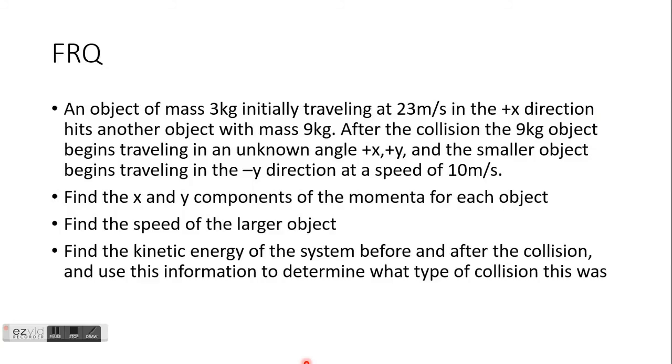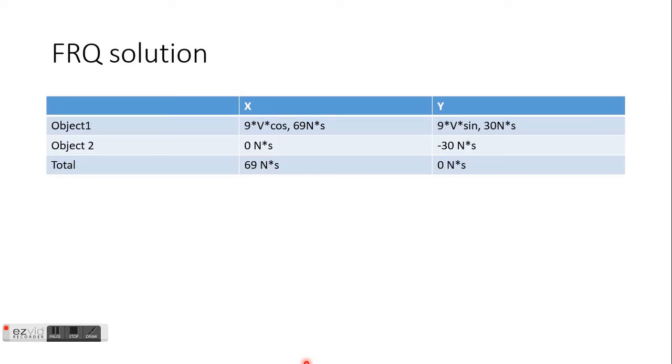Then we look at the object that bounced off the 3 kilogram object: 3 kilograms times 10 meters per second in the negative y is negative 30 newton seconds in the y direction, and 0 newton seconds in the x direction. So from this, we immediately know that object 1 in the x direction has 69 newton seconds, and in the y direction has 30 newton seconds.